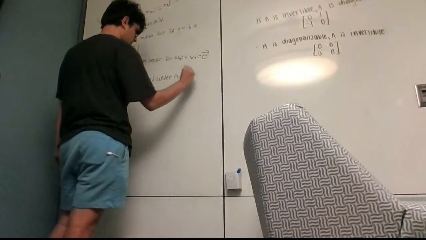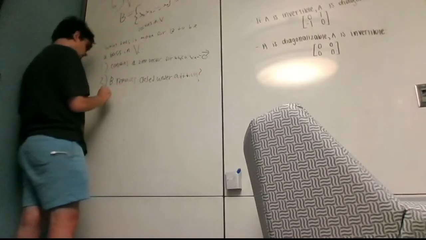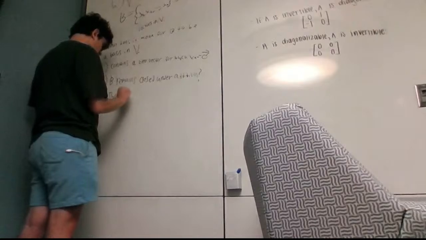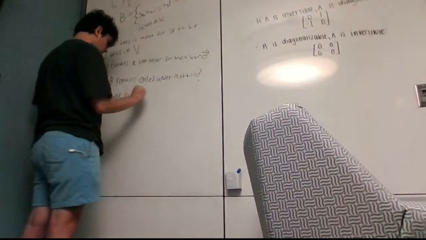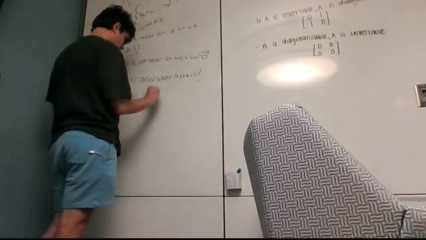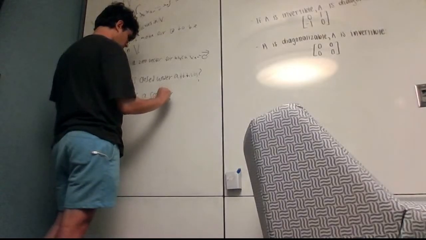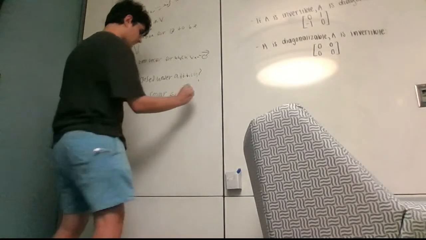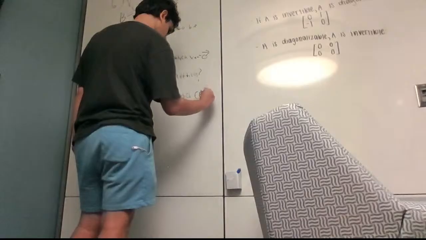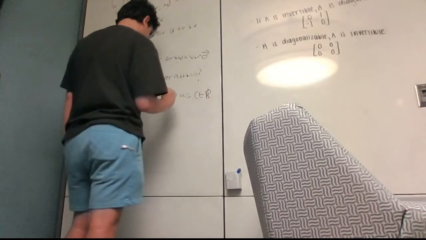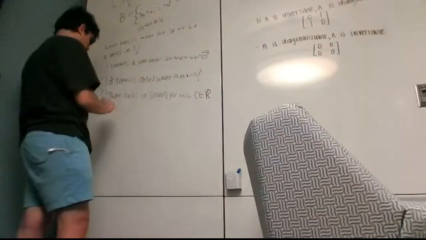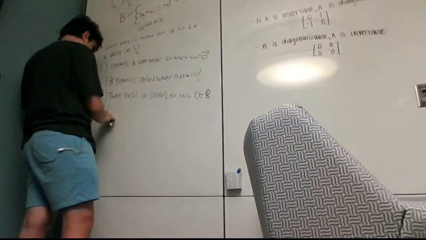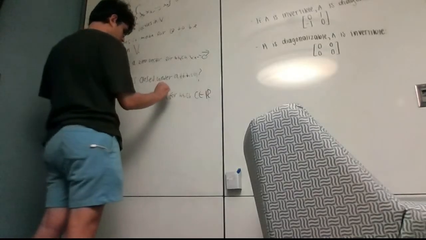I'm gonna put a question mark because I'm not really so sure. And then there exists a scalar for which, or exists a scalar c for which, scalar multiple.